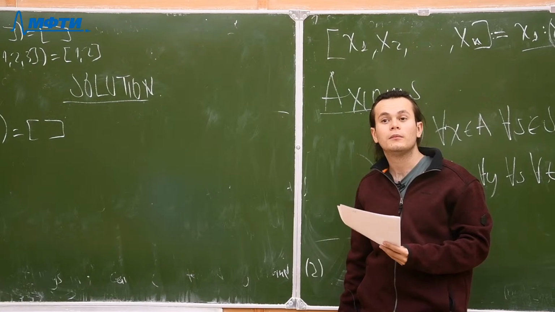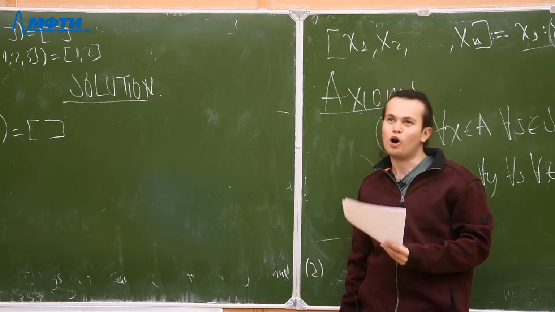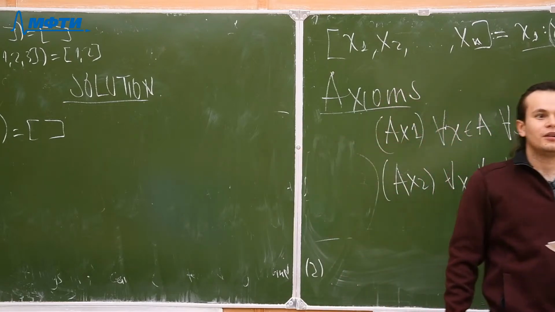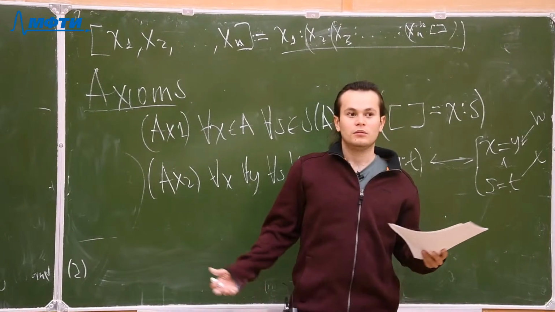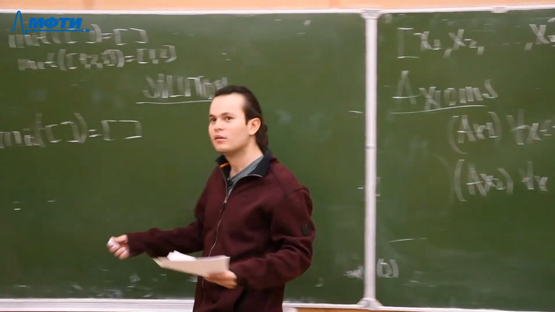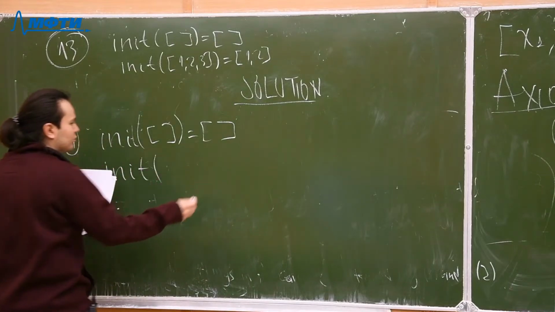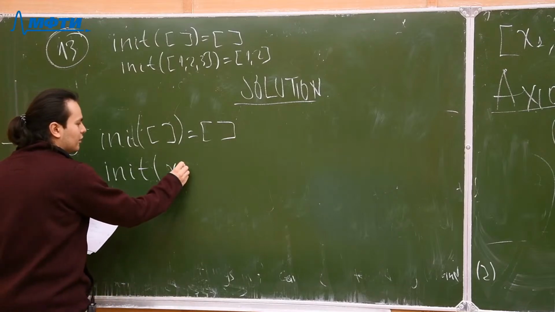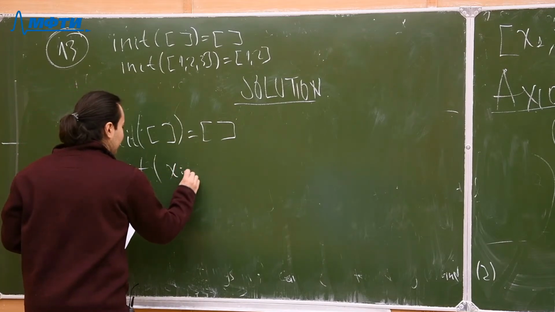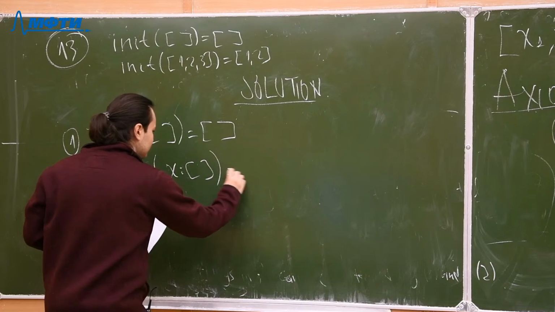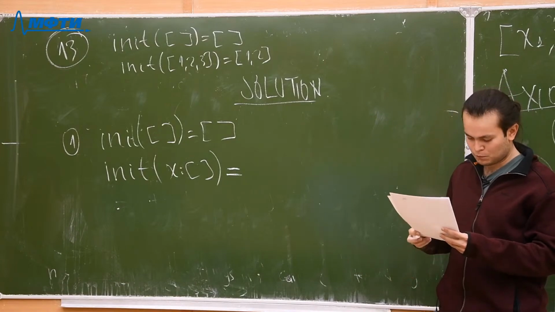Now, what else? We can try to make the image of one element, x, and empty. No, we have to do it just for this one.